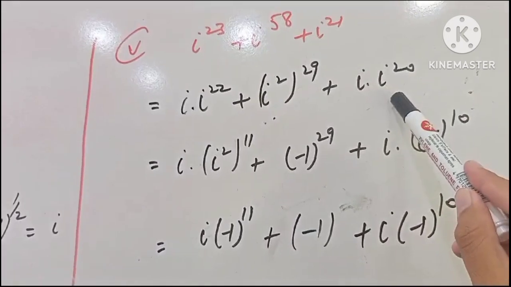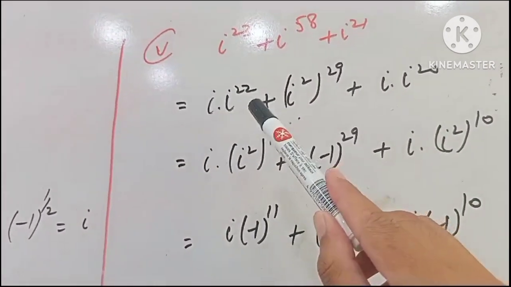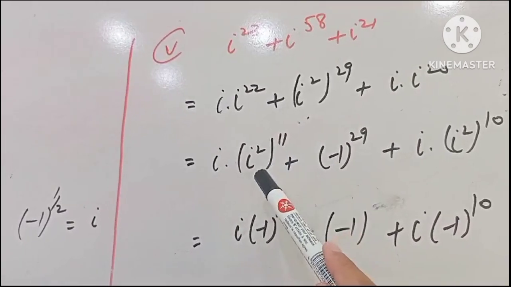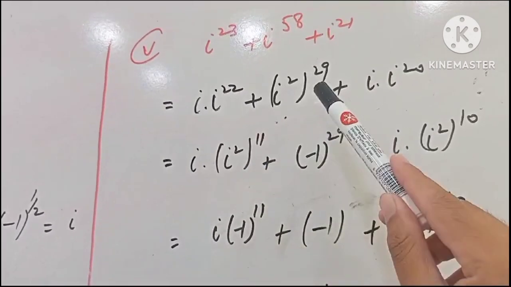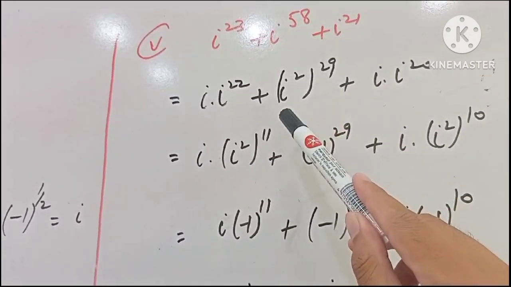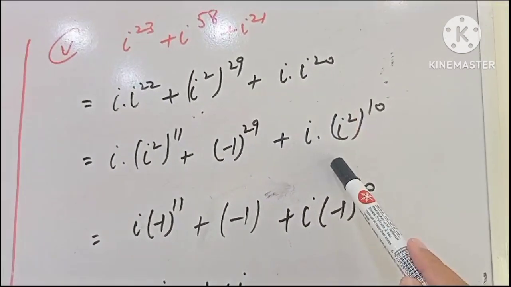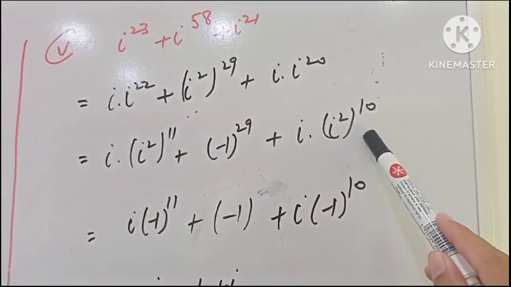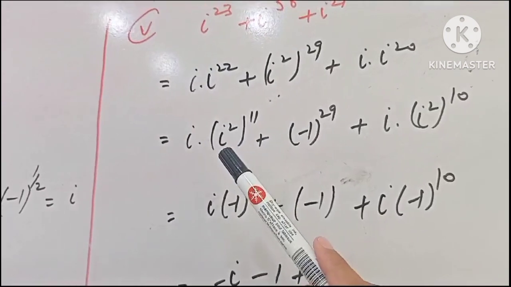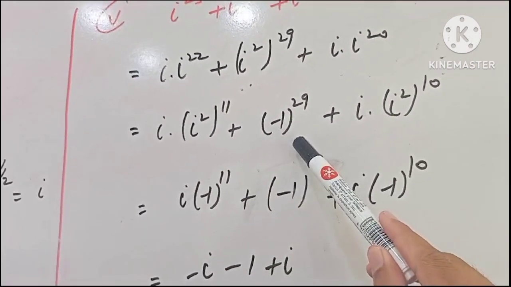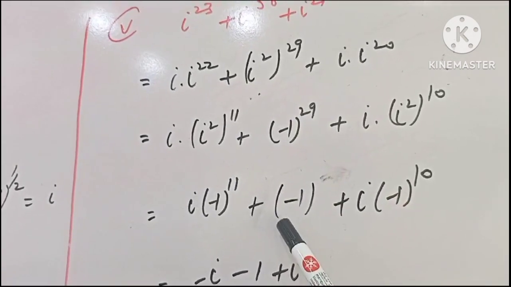We can write iota power 22 in iota square form. Putting the value of iota square, as iota square value is minus 1. Similarly, we can write iota power 20 in iota square form. Now putting the value of iota square, which is minus 1. Here the power is odd, so the minus sign remains as such.